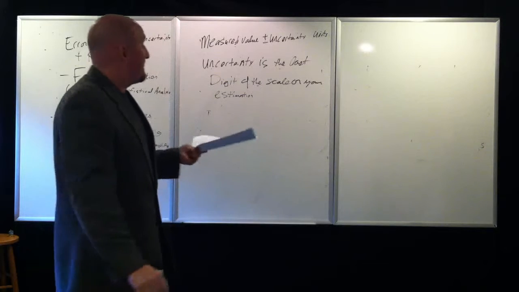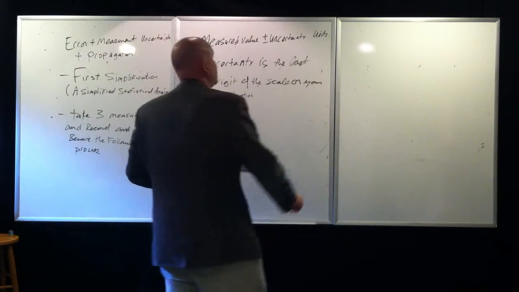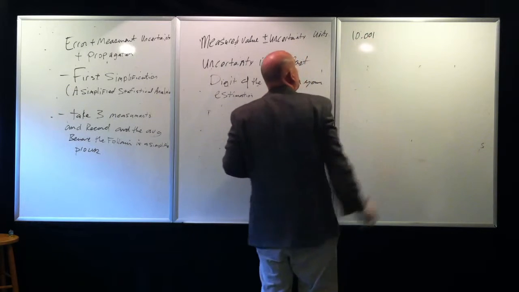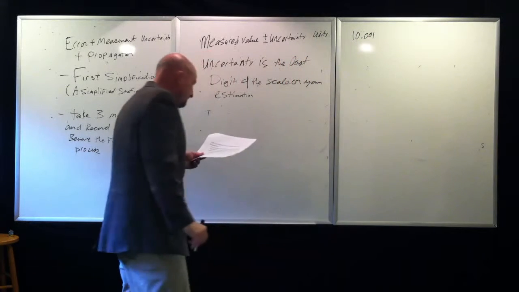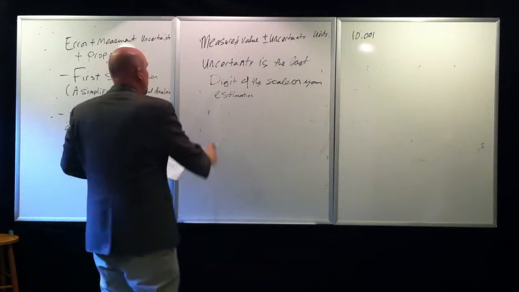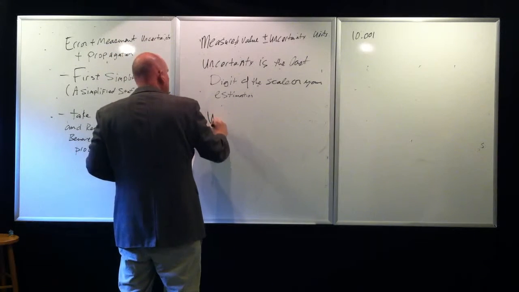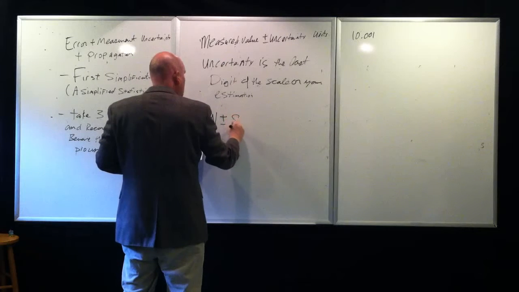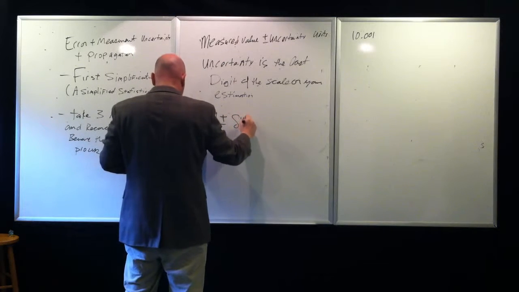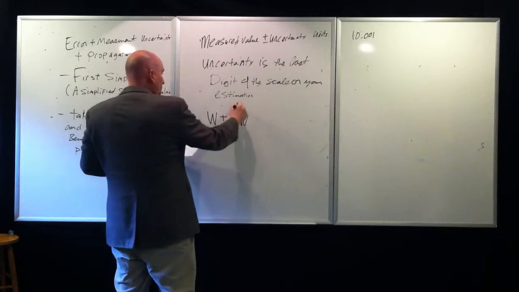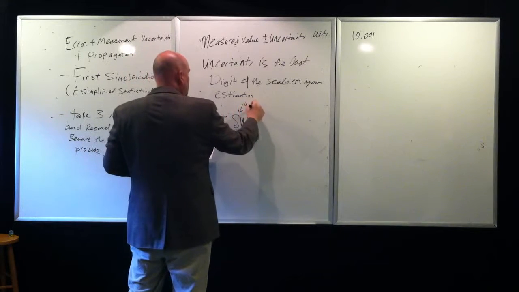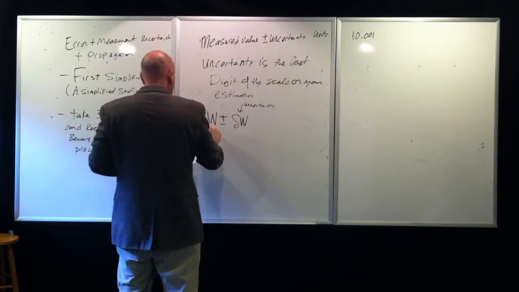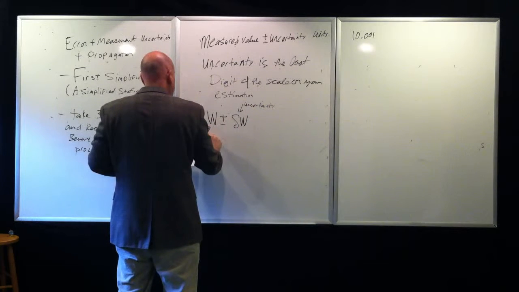So when you read a scale and it says 10.001, the scale is estimating that last digit. So what this is going to be, we'll let W stand for the measured value, plus or minus delta W. And this again is your uncertainty. This is your measured value.